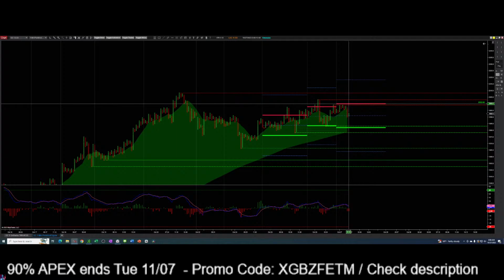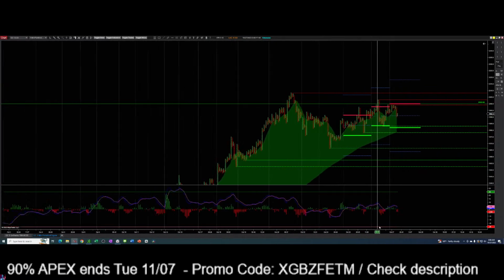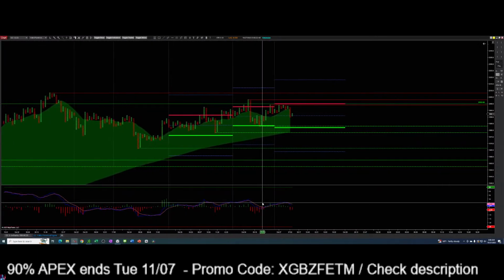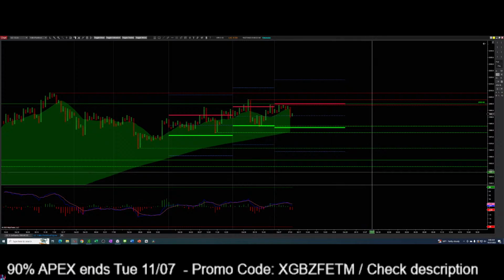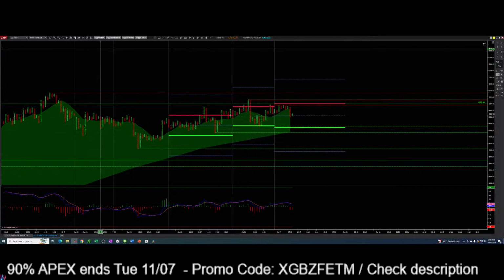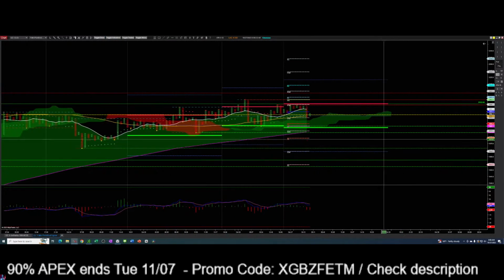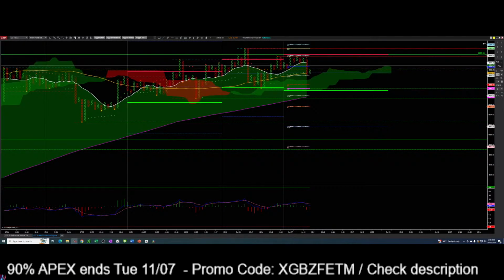So upper level 2000, it's been rejected off of the 2000 a couple of times, and in the past 2000 has been a resistance level as well. So let's move the indicators back down, and you see that I do have my pivot chart, my pivot indicators here.